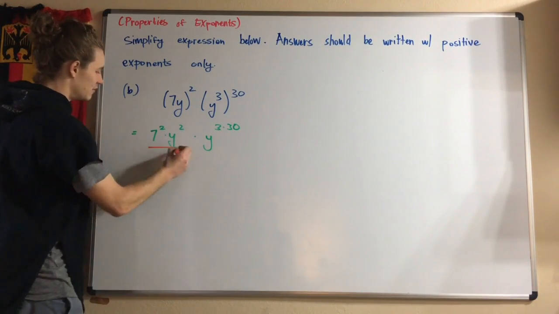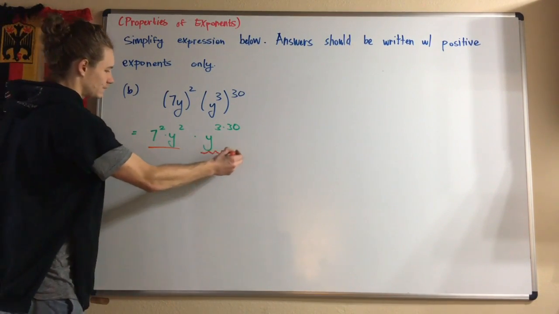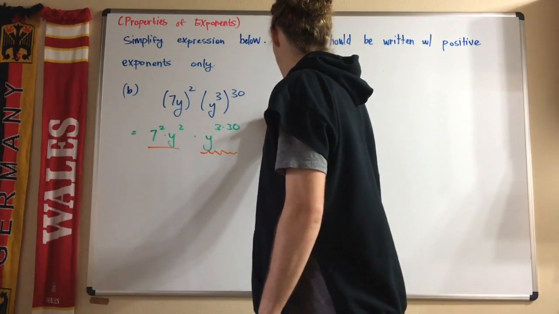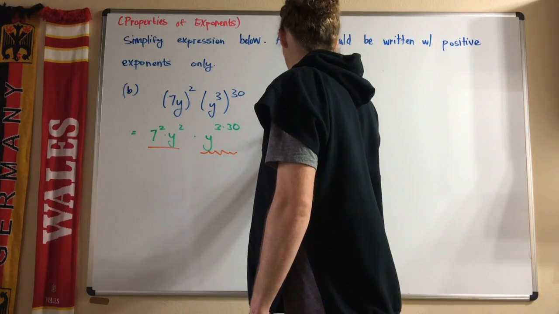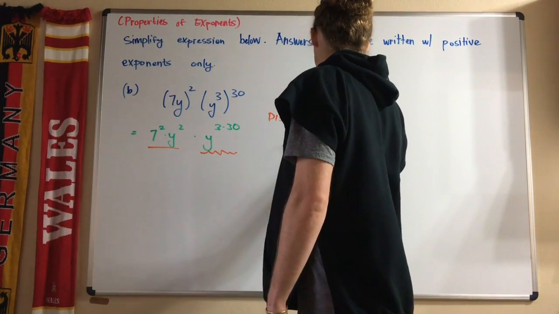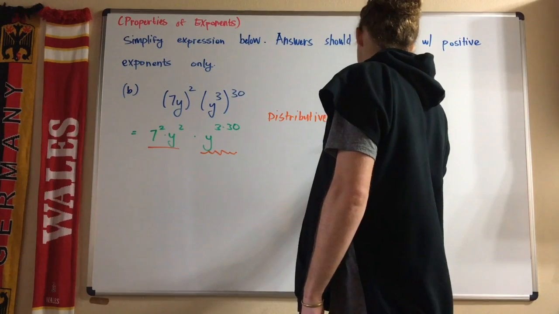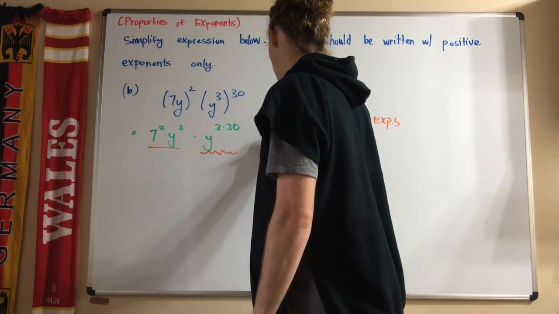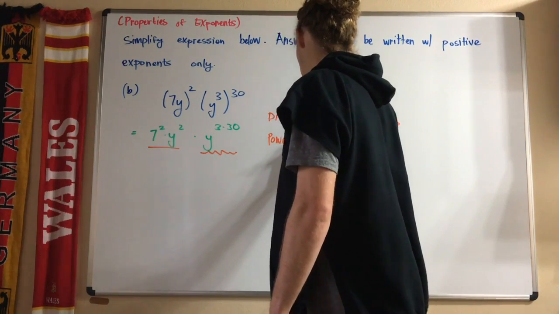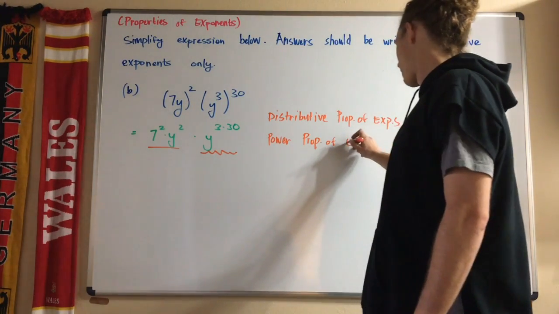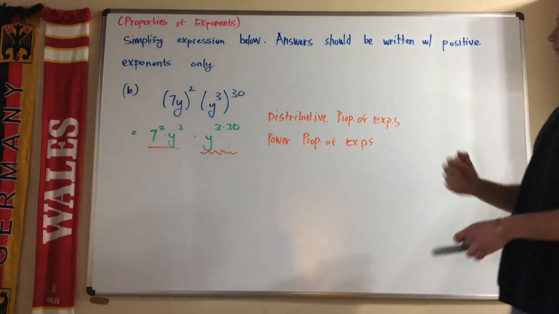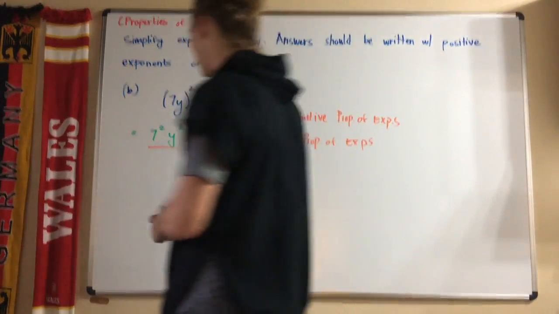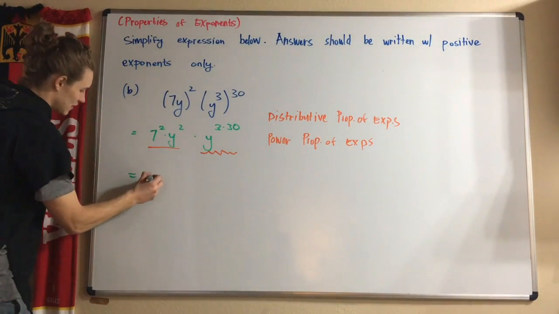I used both the distributive property of exponents and also the power property of exponents. Okay, great. So how can I simplify it now further? Well, I could say that 7 squared is just 49.